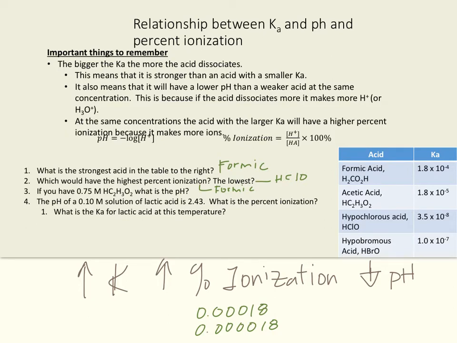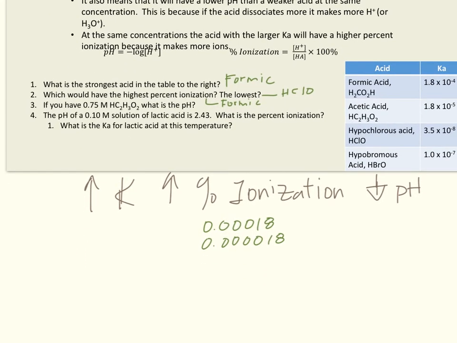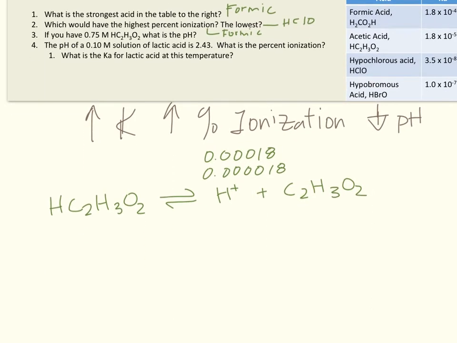If you have a 0.75 molar solution of acetic acid, what is the pH? So that is going to be an equilibrium problem, because all I have is initial, and in order to find the pH, I need the concentration of H at equilibrium. So that's my dissociation reaction, and I have 0.75 here, and this is a Rice table.